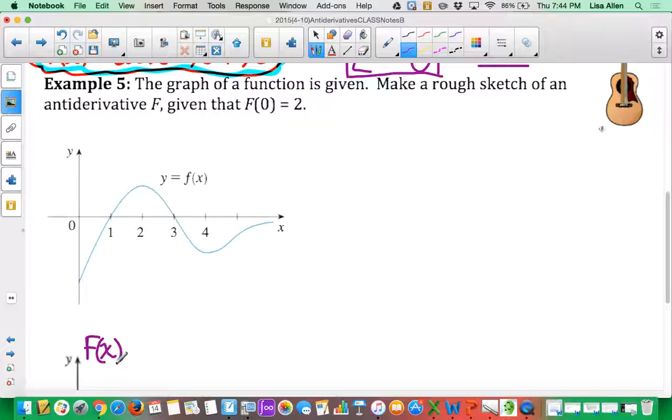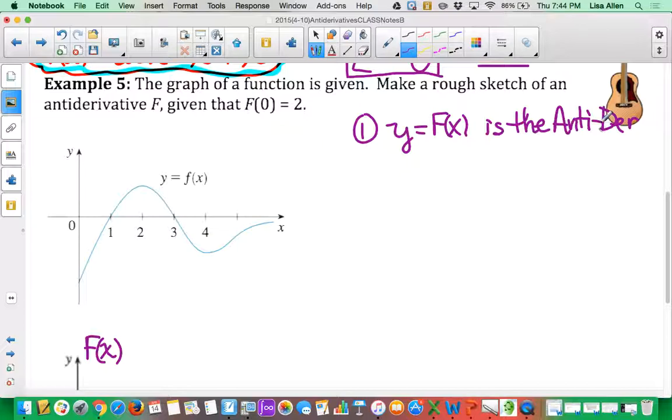So the process is something like this. I would say, okay, y is equal to capital F of x is the antiderivative graph.